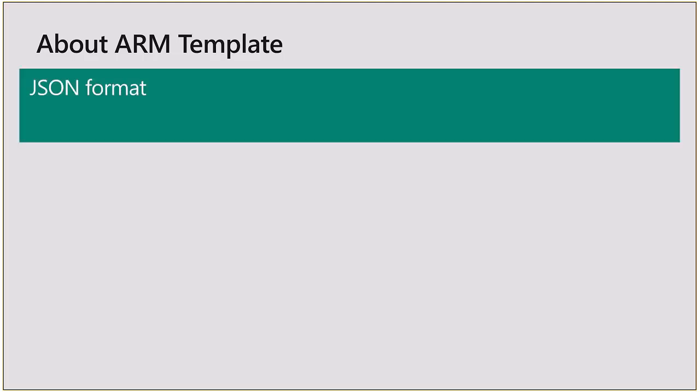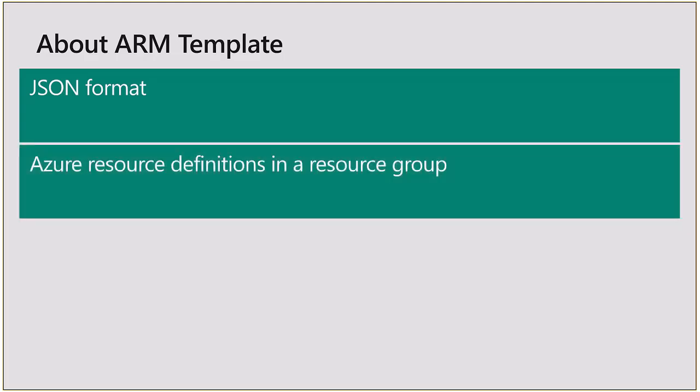The template is a big JSON file that defines all the Azure resources, and it can be used over and over again. All the resources defined in a template are deployed into one resource group. The resource group is a logical grouping, not the physical resource location.